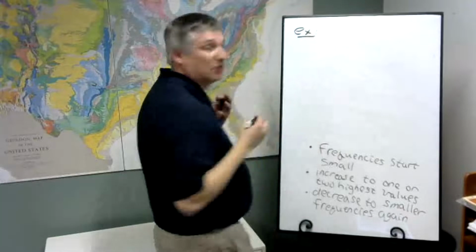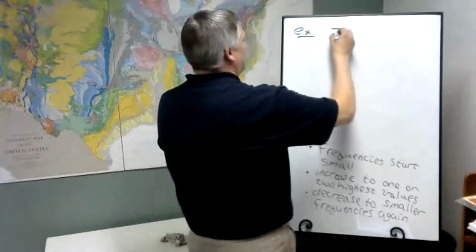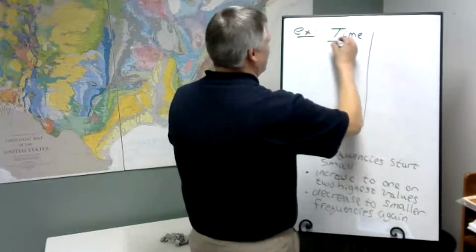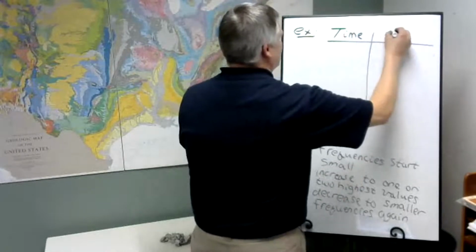So an example, let's take a look at our McDonald's example. We have times in the drive-through, and then we had our frequencies.